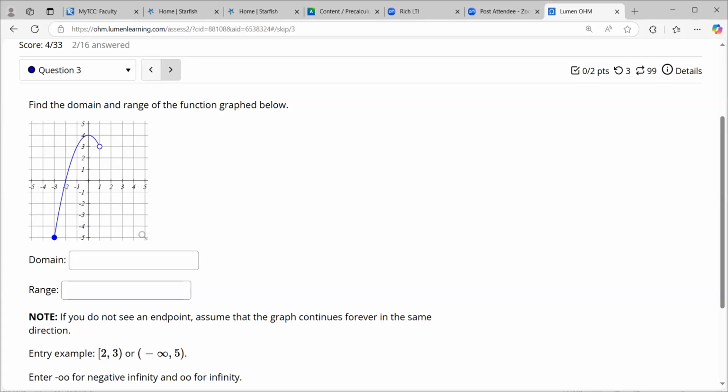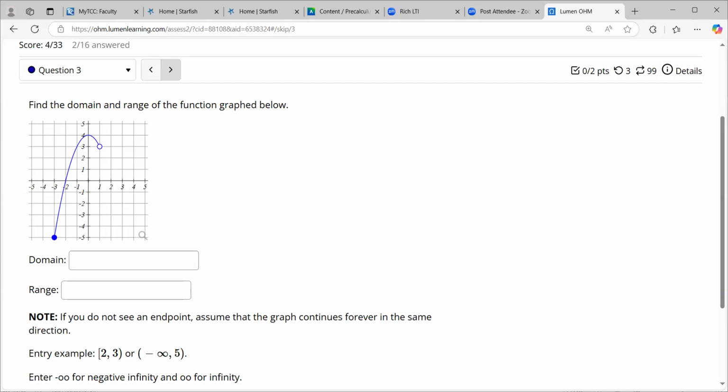Let's look at the domain first. To find the domain of a graph, we look at the graph horizontally, okay? Horizontally. You can look at the graph from left to right or from right to left. Think about it: does this graph have a boundary from the left on the x-axis?